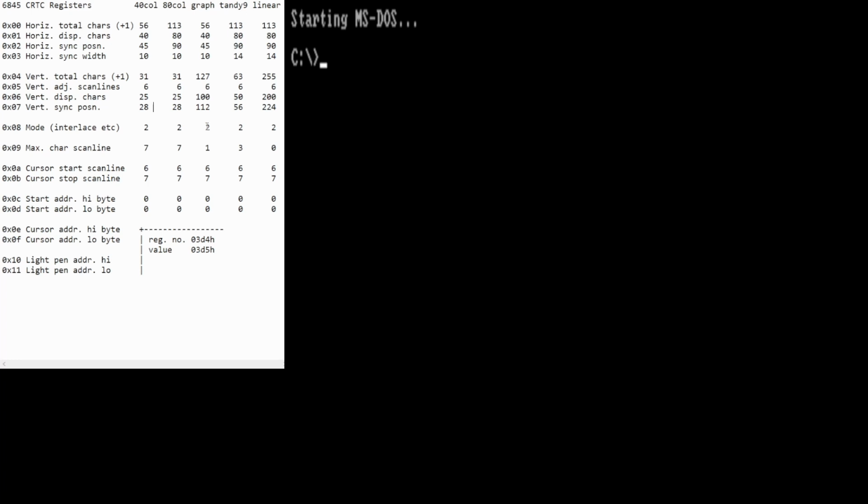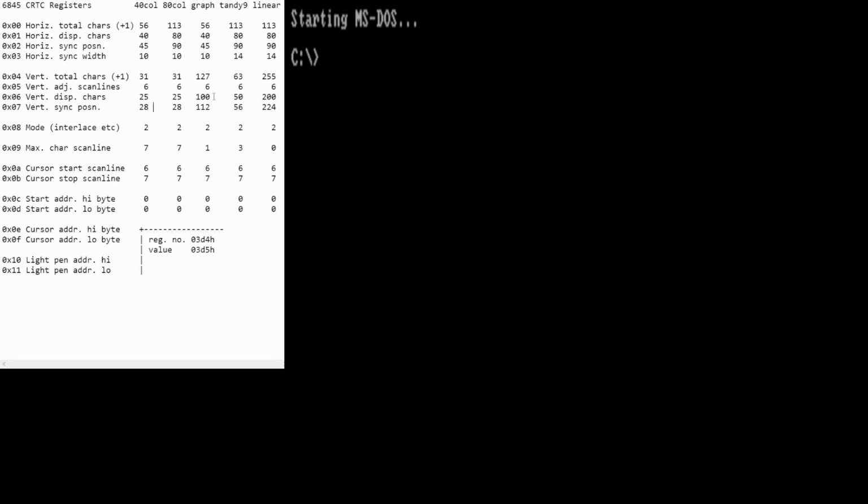So to work around this, what they did is they used 2 scan lines per character by putting a 1 in this value here, and 2 scan lines per character means that 128 character rows gives us 256 scan lines in total, plus the 6 is the 262 that we need.